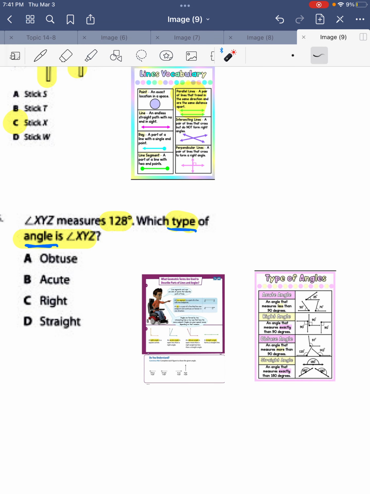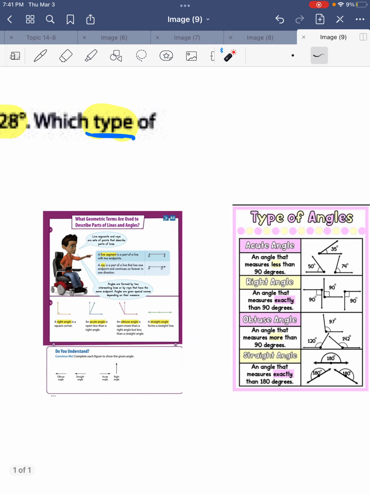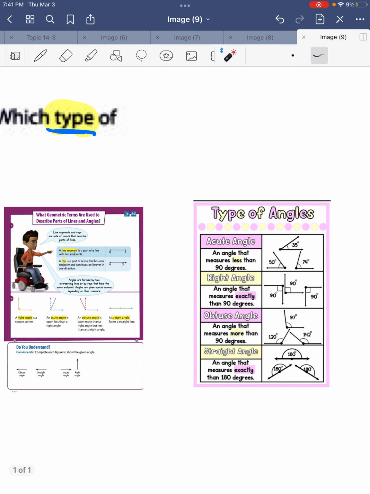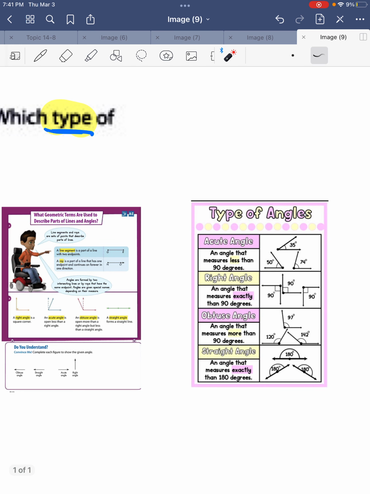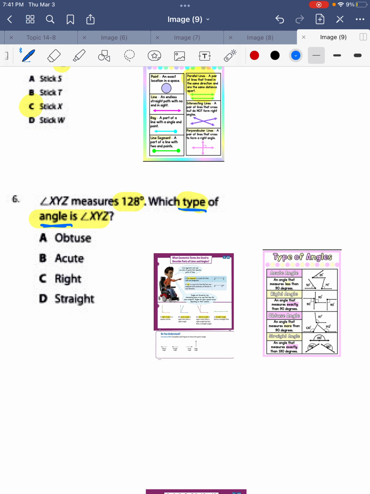And I have them right here, okay? So first of all, let me see, what does an obtuse angle measure? So it says right here, an obtuse angle measures more than 90 degrees. So next to obtuse, I'm going to put more than 90 degrees, okay?